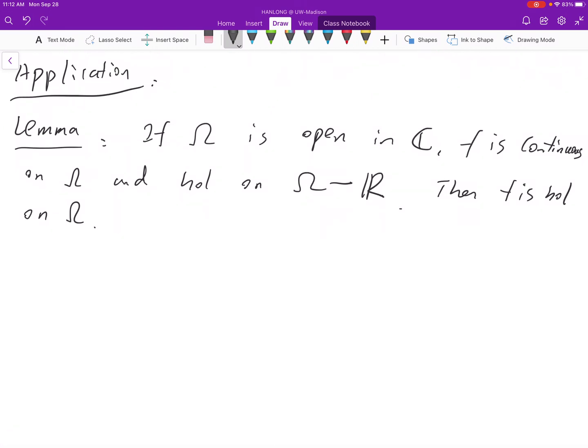This is kind of an extension of the holomorphicity. Let me draw a picture. First, you have the real number line, and then you have a domain omega.